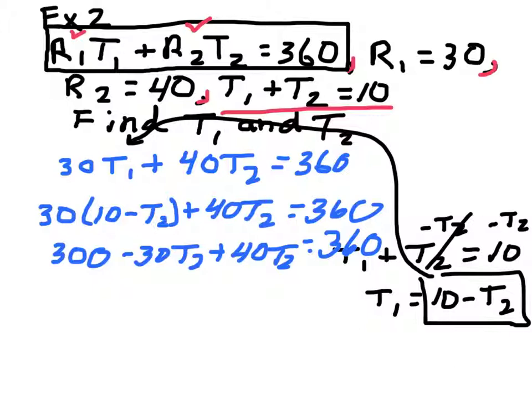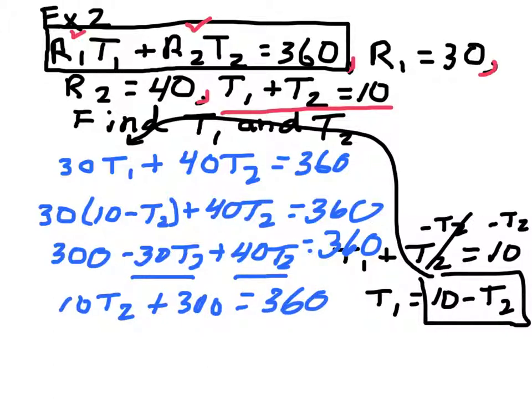Now simplify on the left side, so a negative 30 T2 and a 40 T2. I can combine those as like terms. Negative 30 plus 40 is 10 T2, and then that positive 300 equals the 360.